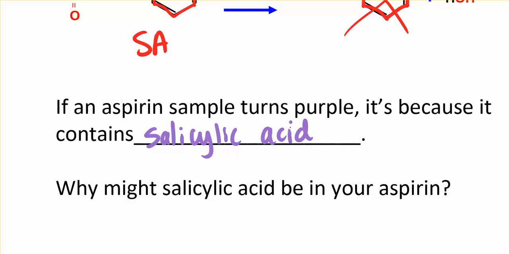Probably the most likely reason is that there's unreacted salicylic acid in it. In other words, your reaction didn't go for long enough, and we really don't do anything to wash out that extra. So remember that you're making your aspirin from salicylic acid, and if it doesn't all react, you'll have some left in there.